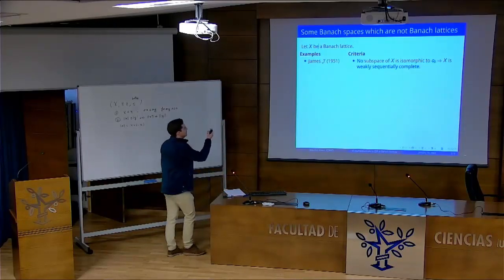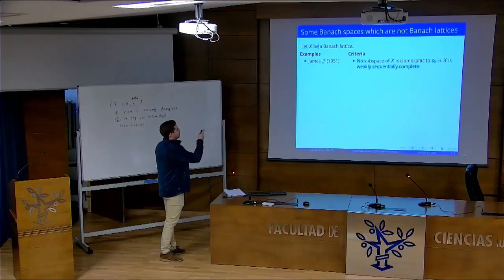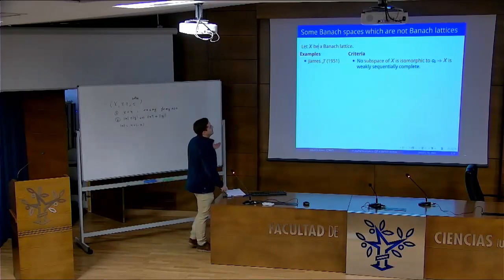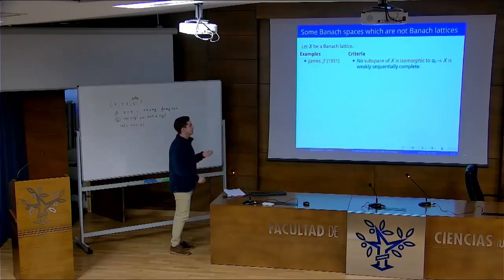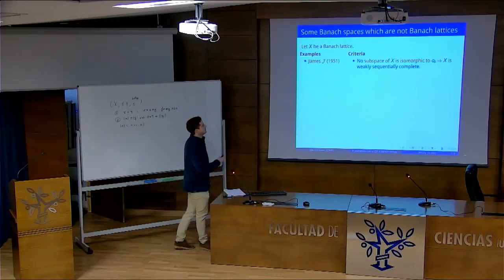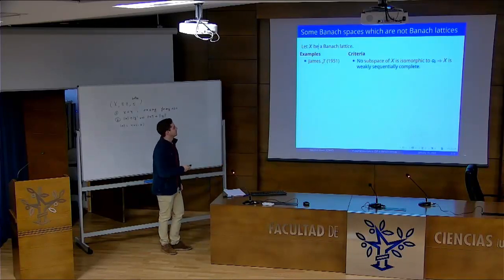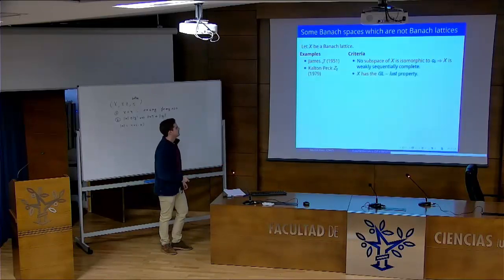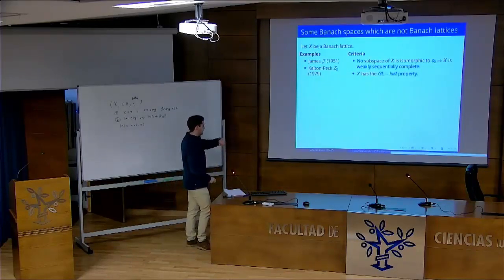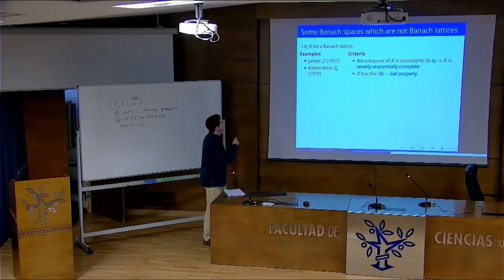The James space doesn't have copies of c0 because it has finite cotype, for example, and it is weakly sequentially complete, so it cannot be isomorphic to a Banach lattice. Another example is the Carlton-Peck space.